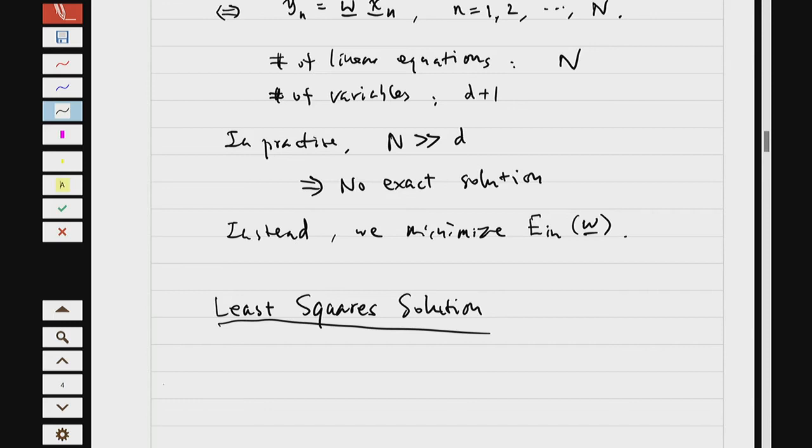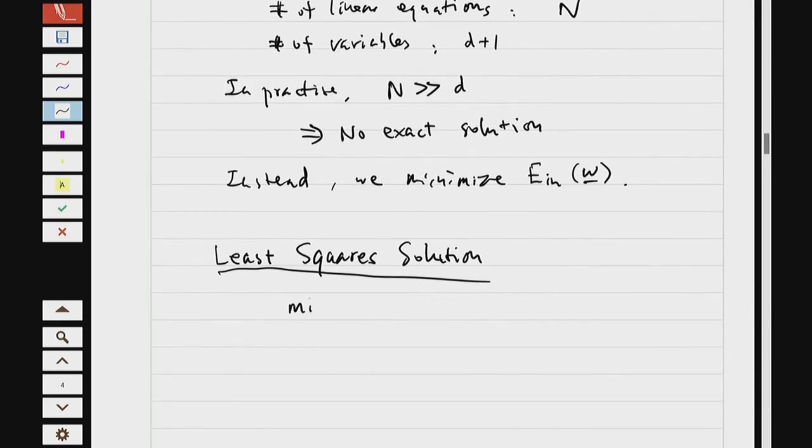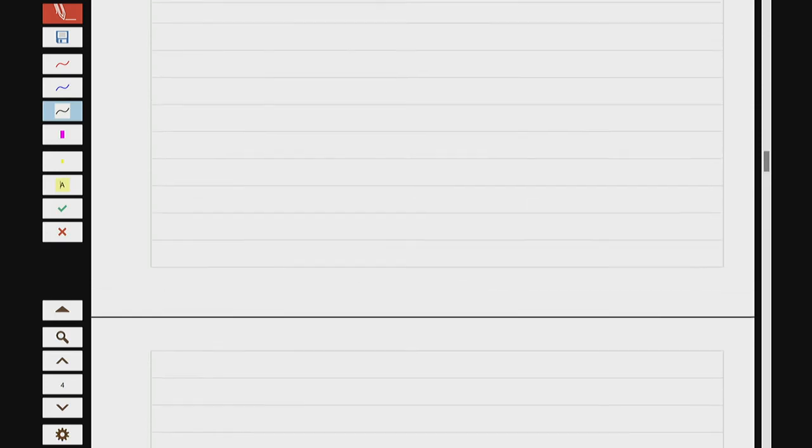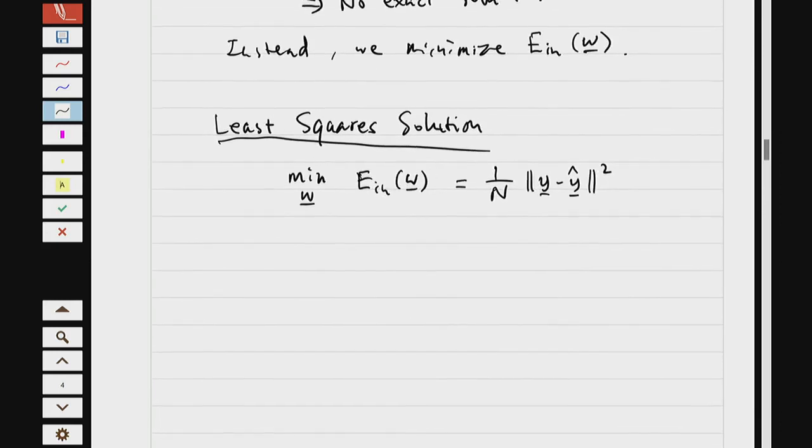Least squares. So again, we want to minimize over w this E_in of w, which is by definition these two norms squared.